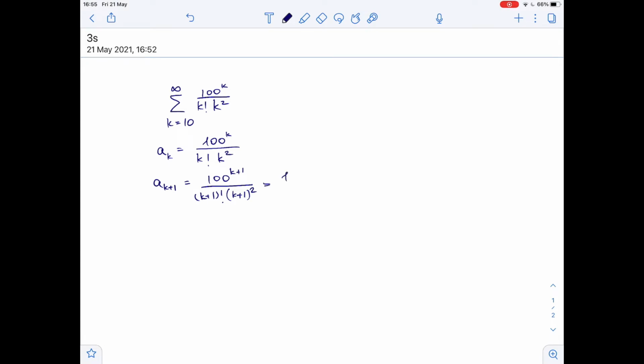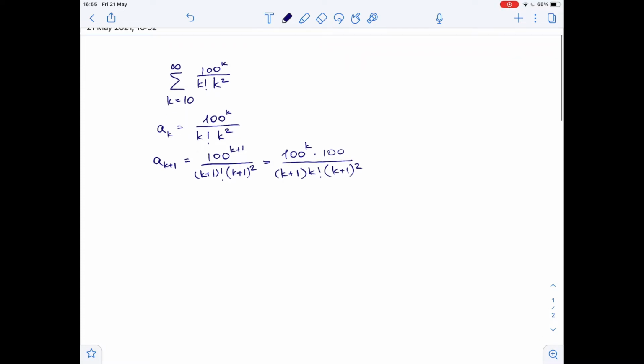Well, let's rewrite it. So it would be 100 to the power of k times 100 over k plus 1 times k factorial times k plus 1 squared. Well, now let's use the ratio test here.